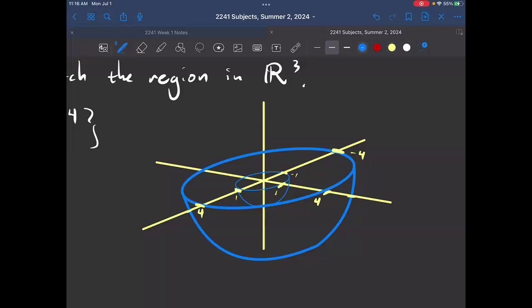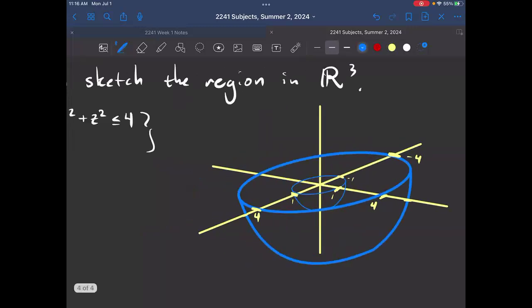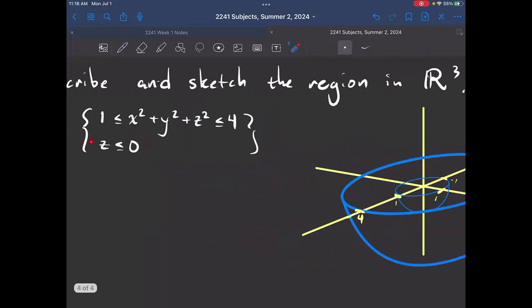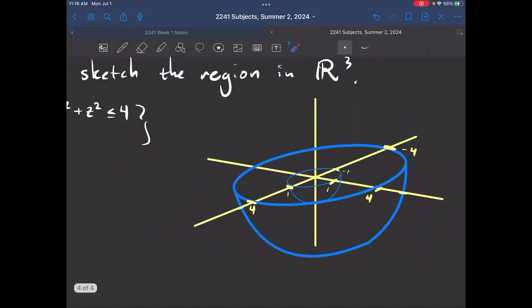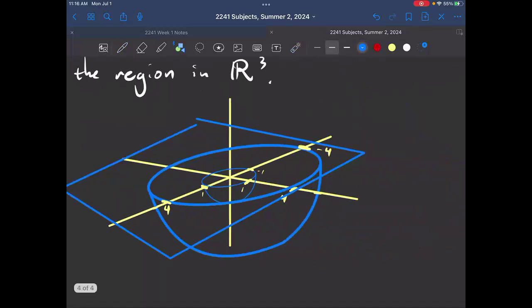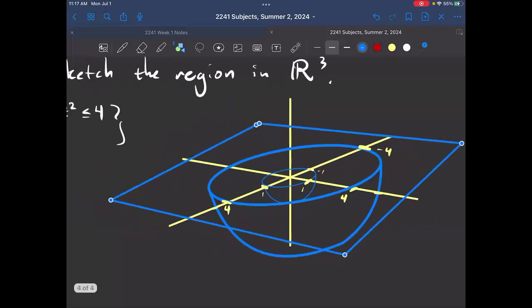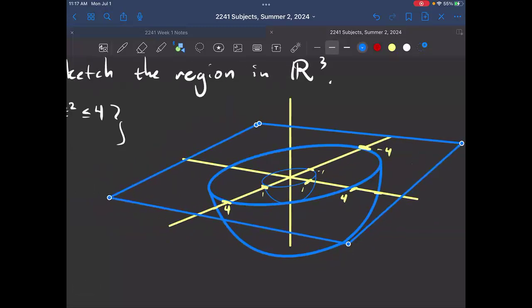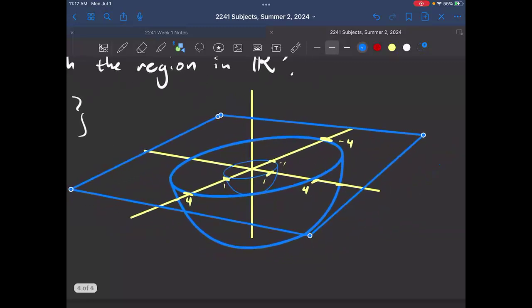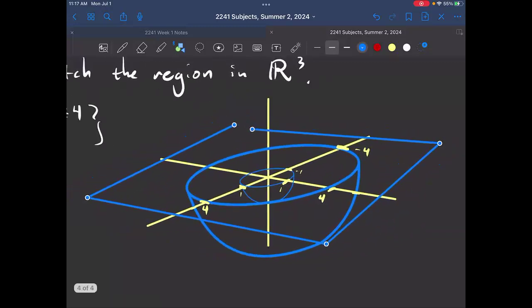And now I only drew the bottom of the sphere because now I'm going to account for that second equation, z less than or equal to 0. That means I'm looking at the coordinate plane in the x and y variables. This plane is then defining the edge of the region that I'm interested in.